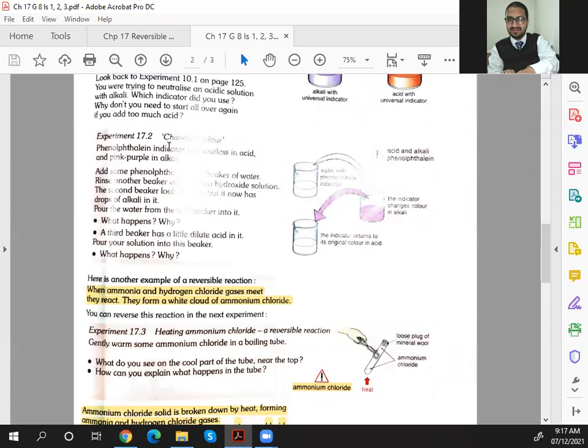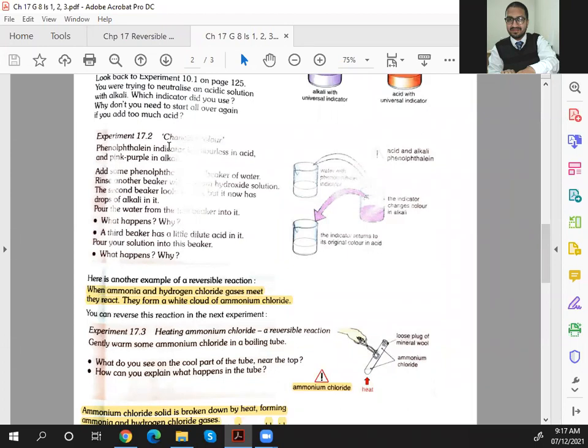Experiment 17.2. Changing color. Phenolphthalein indicator is colorless in acid and pink purple in alkali. Underline this statement.